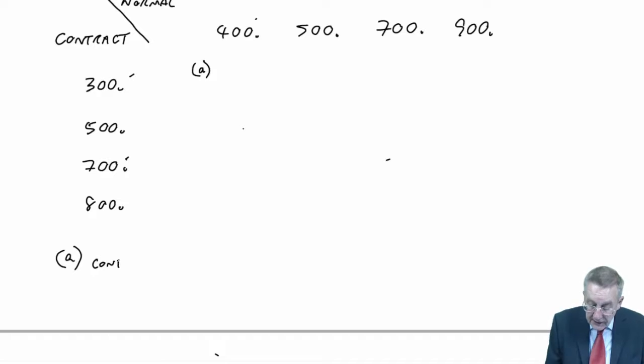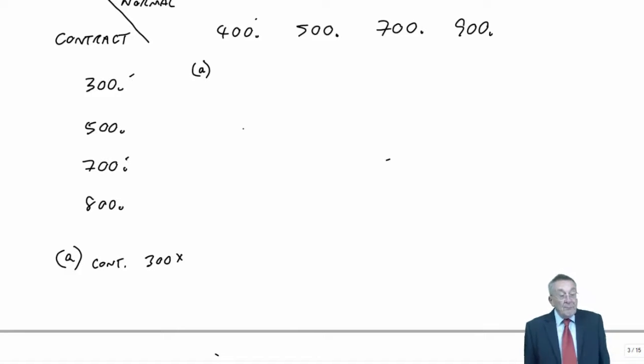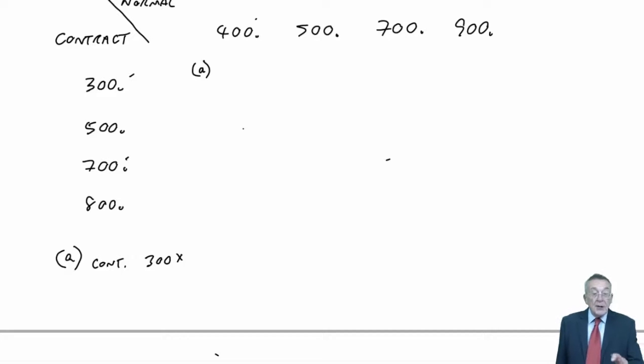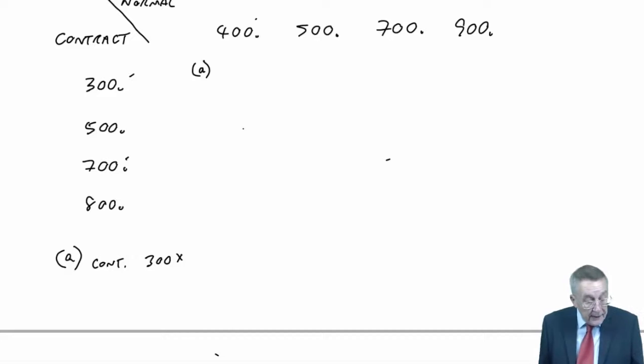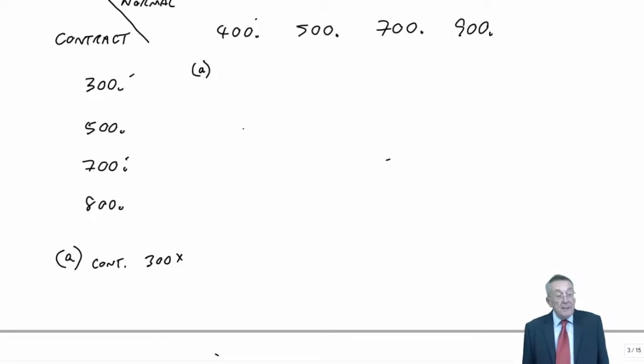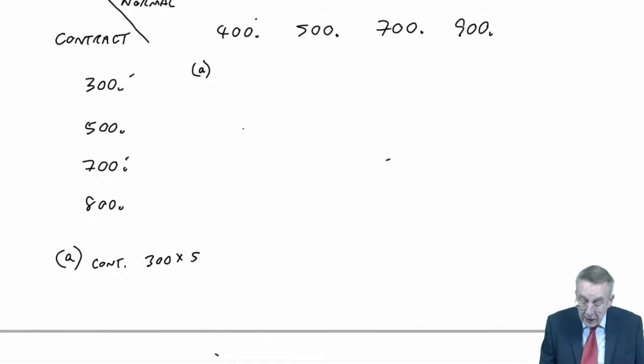Well, the contract customers, look back, remember units are costing us $6 each, and on the contract, the price is $9, and so we're making $3 profit.